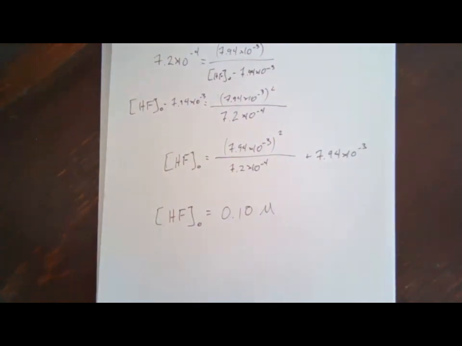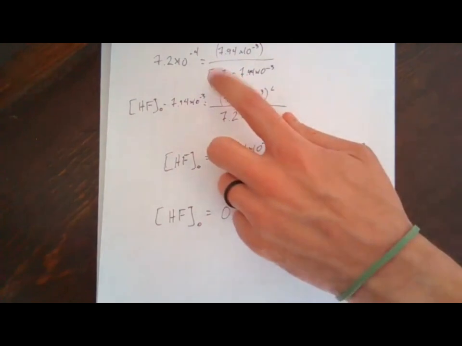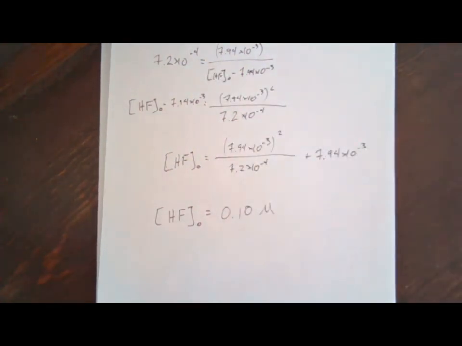And so that's doing algebra. But again, we're using the ice table format to set up what the algebra problem looks like that we're trying to solve in order to get this initial concentration of hydrofluoric acid.